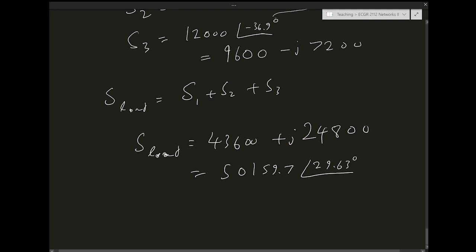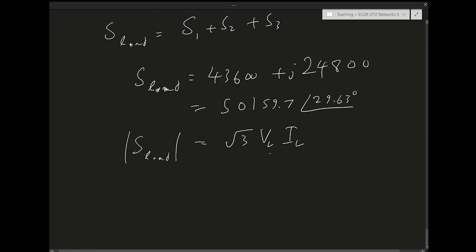And yeah, so we want to calculate the line current, right? We know from this equation that we derived previously, S load is square root of 3 VL IL. That's the relationship between the magnitude of the complex power and VL and IL. There's an extra factor of square root of 3 here, and we calculated that at the beginning of the lecture.